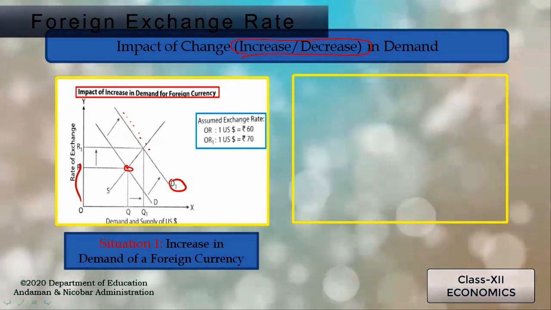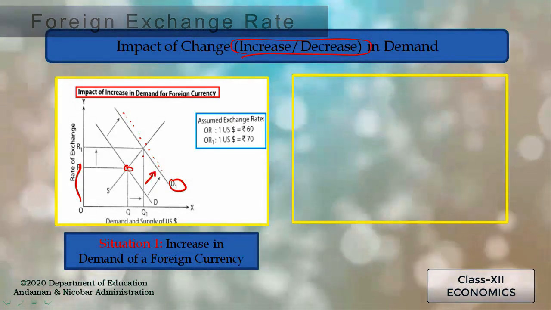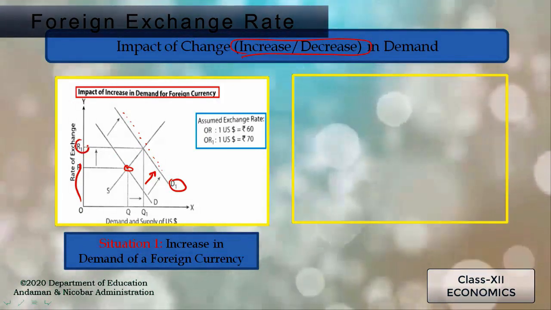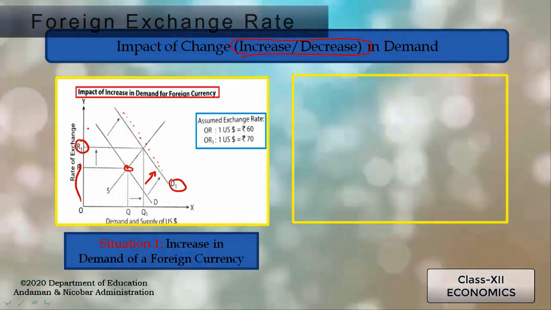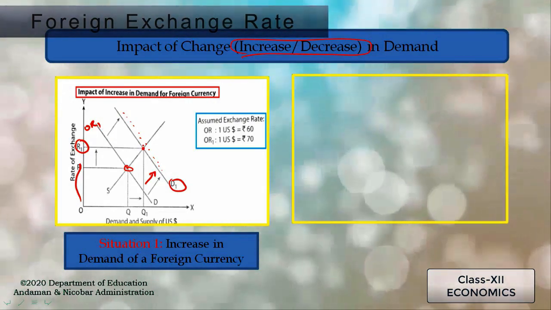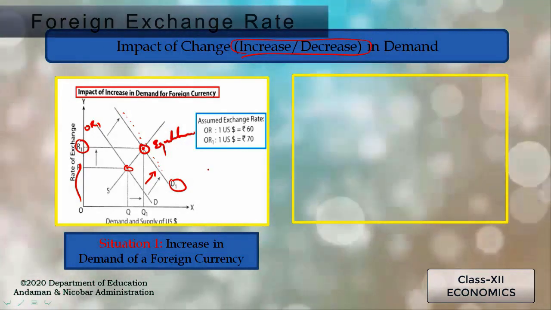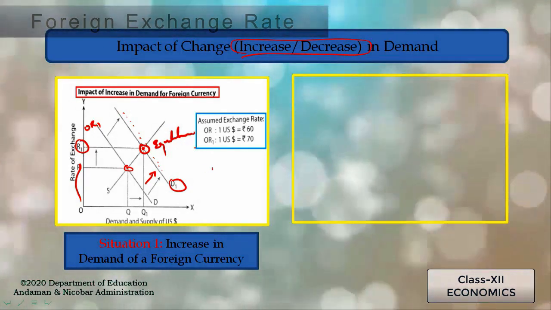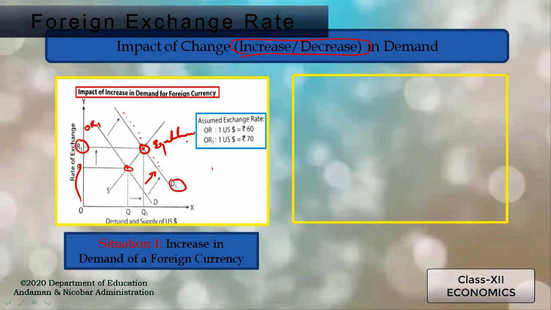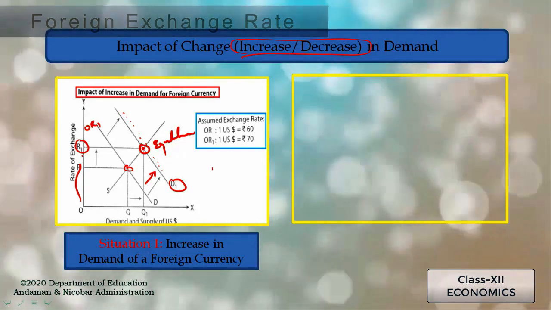When this curve moved, a new rate of exchange, that is OR1, is the new equilibrium point of exchange rate. So due to the increase in the demand for foreign currencies, the exchange rate gets increased from R to R1.